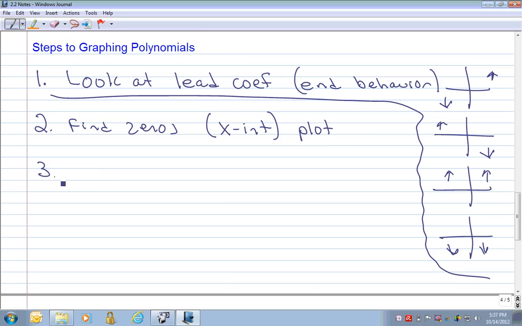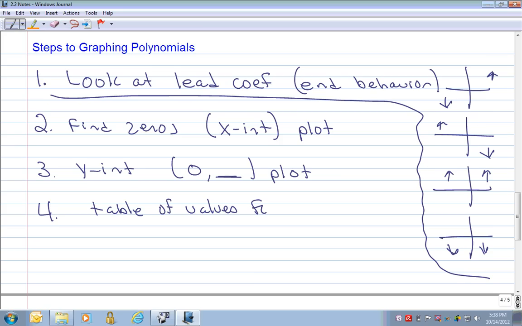The third thing you're going to do is find the y-intercept. And remember, the y-intercept is when x is 0, and then you're going to figure out what the y-intercept is, and you're going to plot that point. The fourth thing you're going to do is make a t-table, a table of values for additional points.